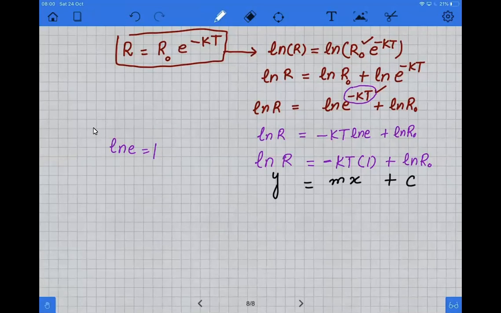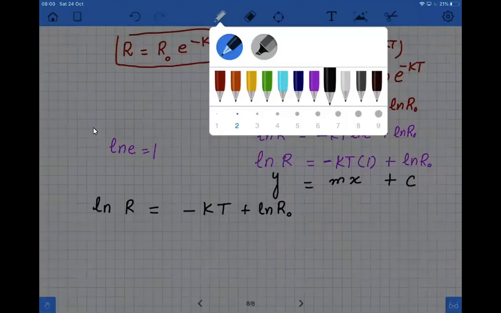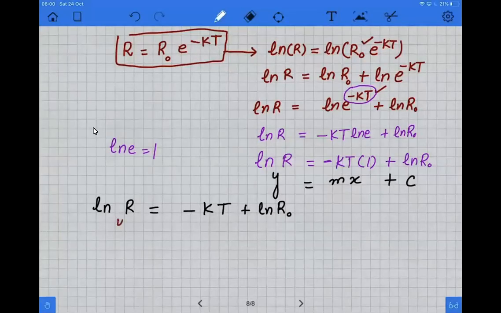Natural log of r is equal to minus kt plus natural log of r naught, which leads towards y is equal to mx plus c.